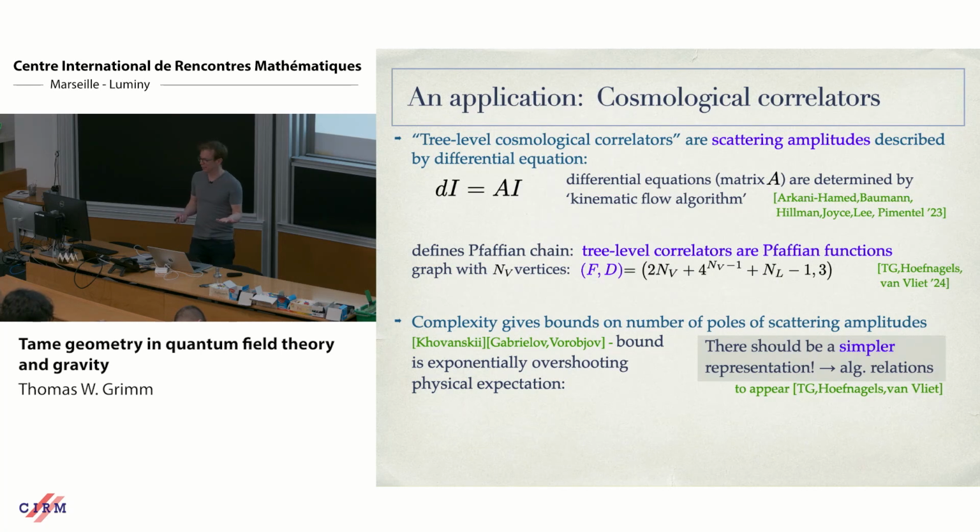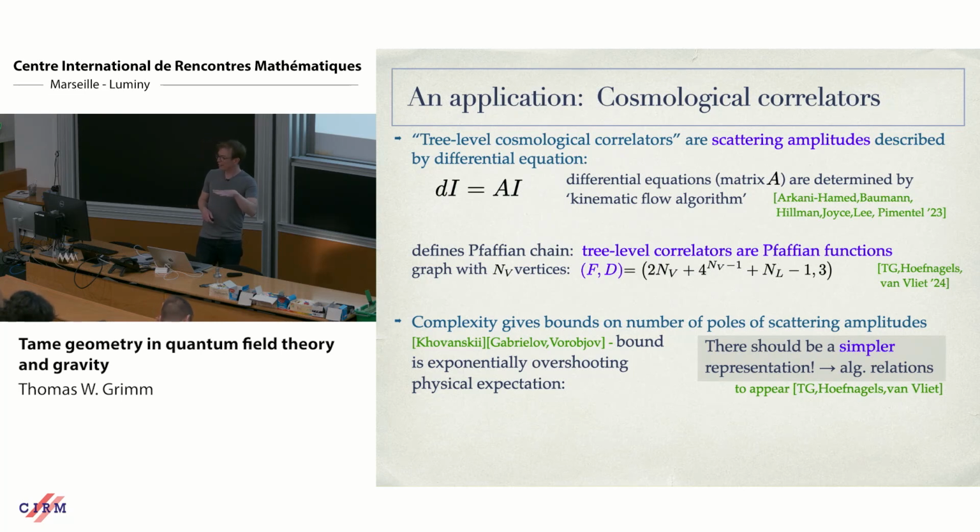What does this mean? That means there should be a simpler representation of the system, which the people here, who are very clever people, have not yet developed. Okay? And this is what we now found. And it reduces the bound, still not precisely to the number we expect, but it gets better.